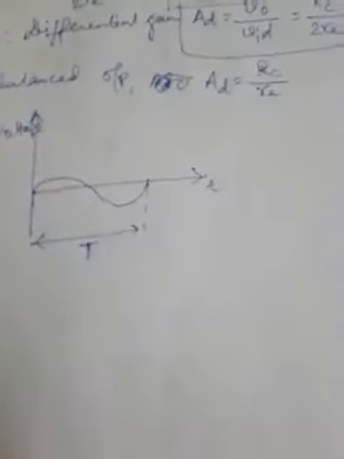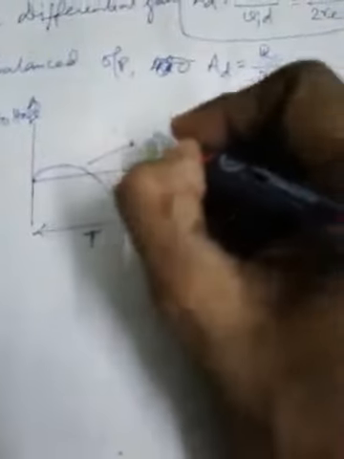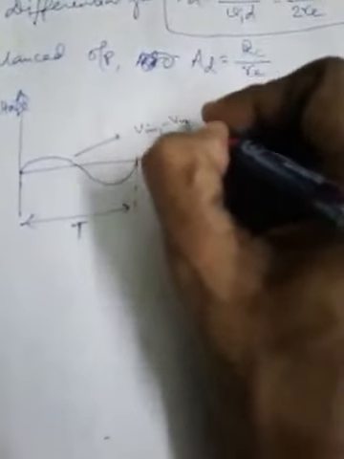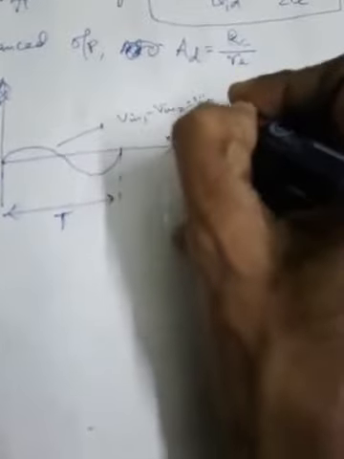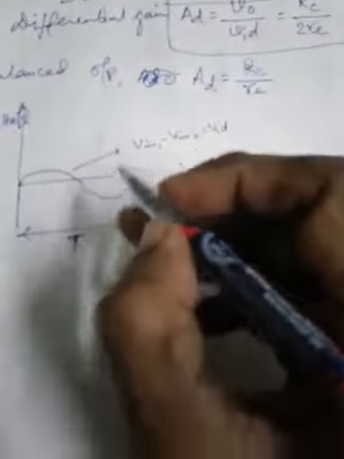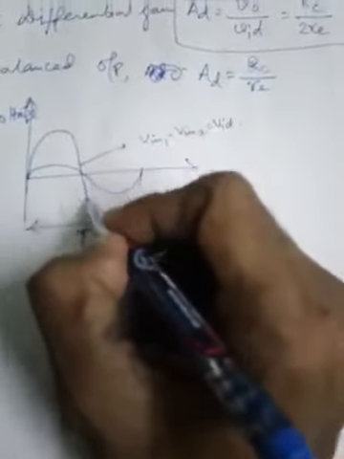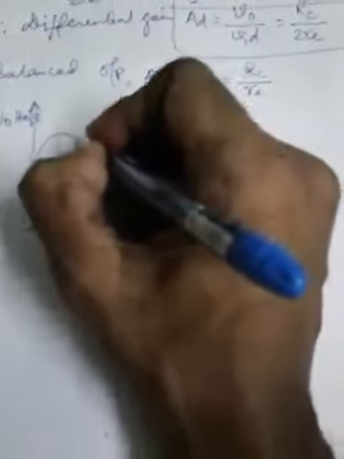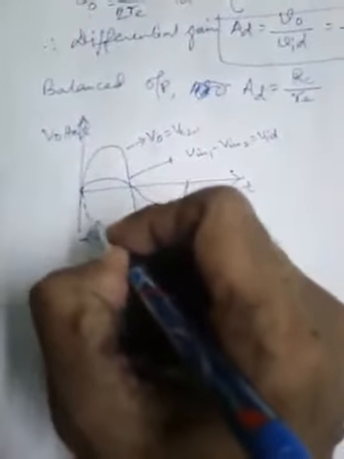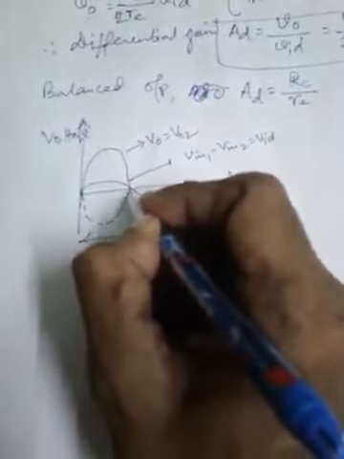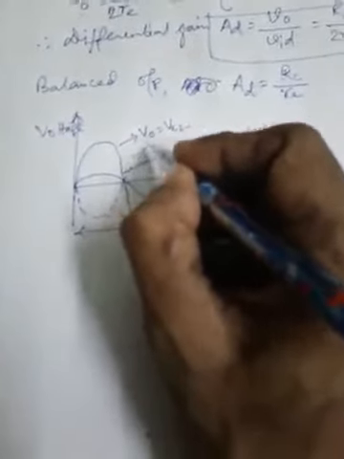So this is VID, V in 1 minus V in 2 equal to VID, and the output waveform should be an amplified form of this waveform for one cycle. So this is nothing but VO, which is VC2 measured across the collector terminal of Q2 only, and VC1 should obviously be opposite in phase to VC2.